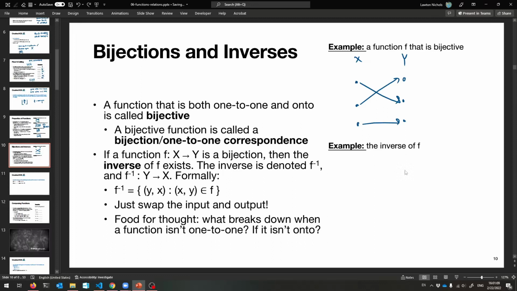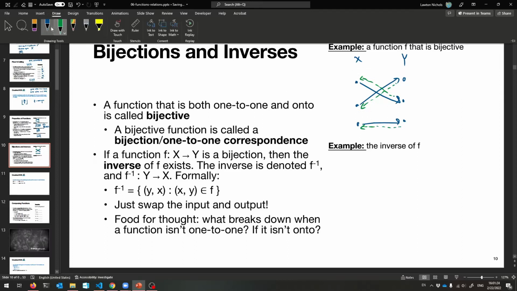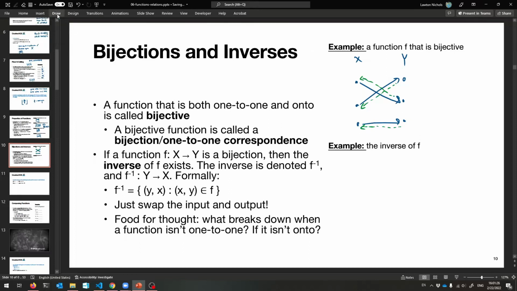Do you see how there's an inverse right now? There's always a way to go in reverse. There's always a unique place to go from this y. Oh, it's this x that took us there. You can turn the arrows around and make another function. That is the inverse. So the inverse exists if you have a bijection.